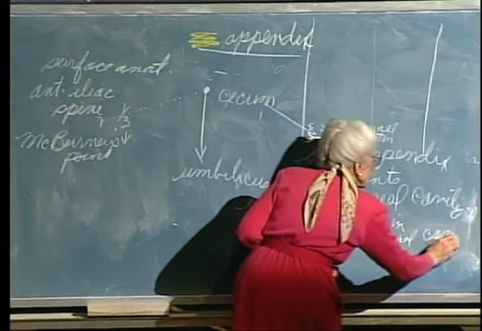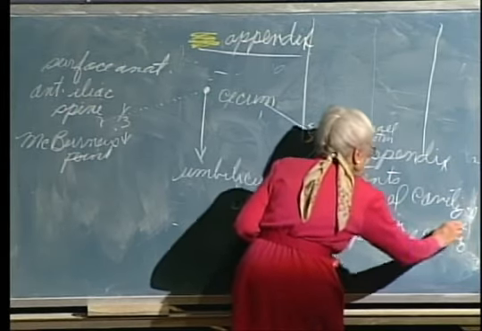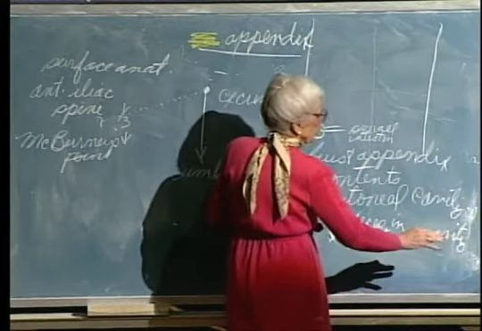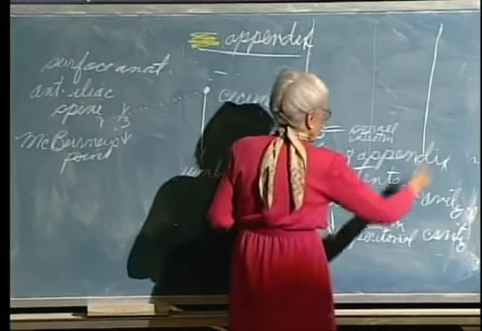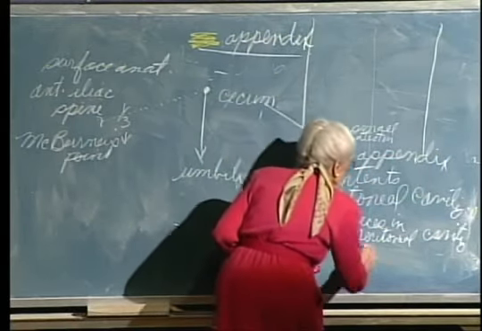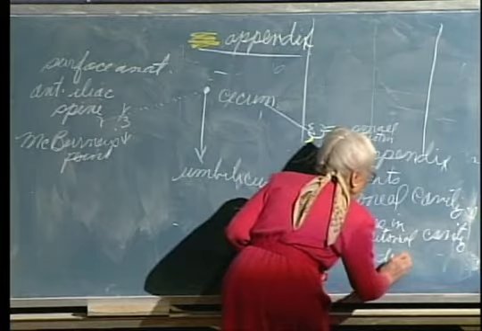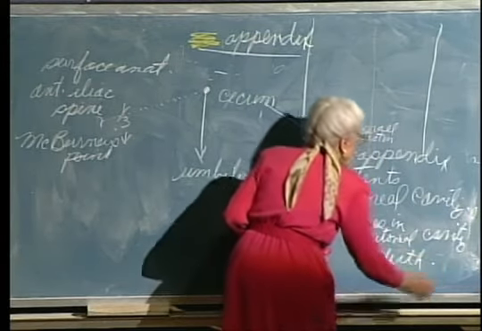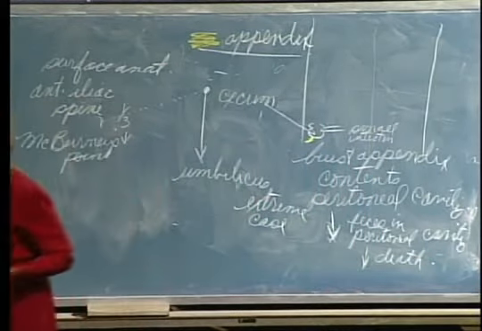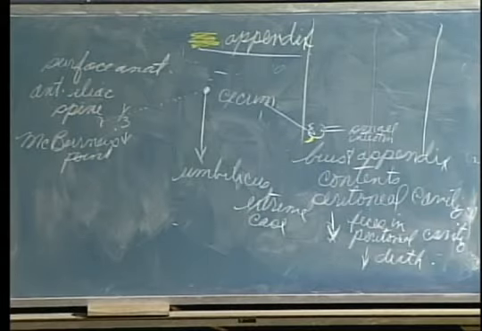Sometimes you give worse scenarios because it makes it dramatic to know that there is a peritoneal cavity, even though you don't see it this way. And this can be death. Did anybody ever had a burst appendix or know anybody who did? You did. How long did you have it before it was treated? You don't know? Uh-huh. All right. Well, she's here, so it didn't take too long, right?